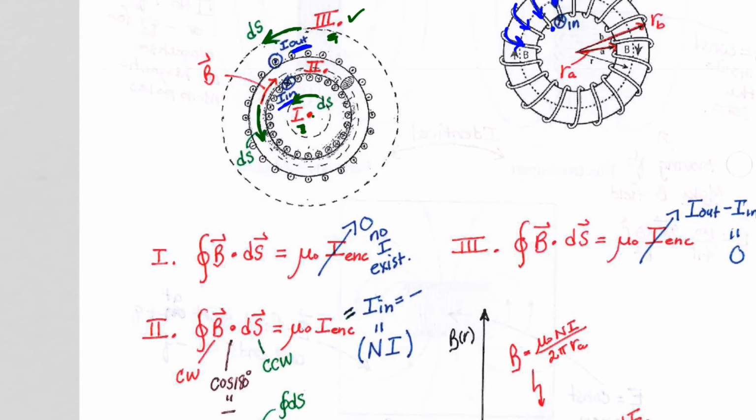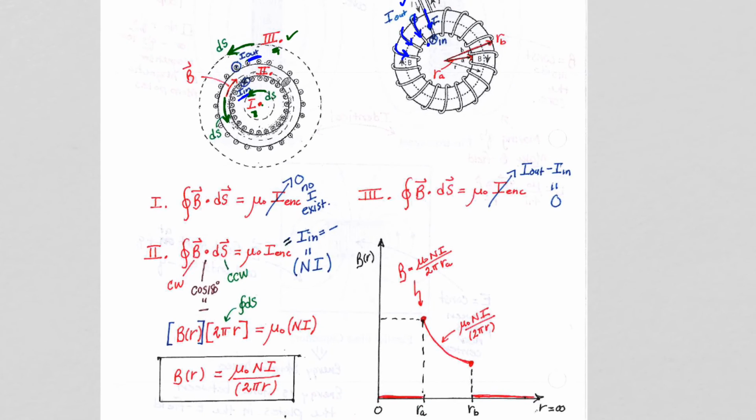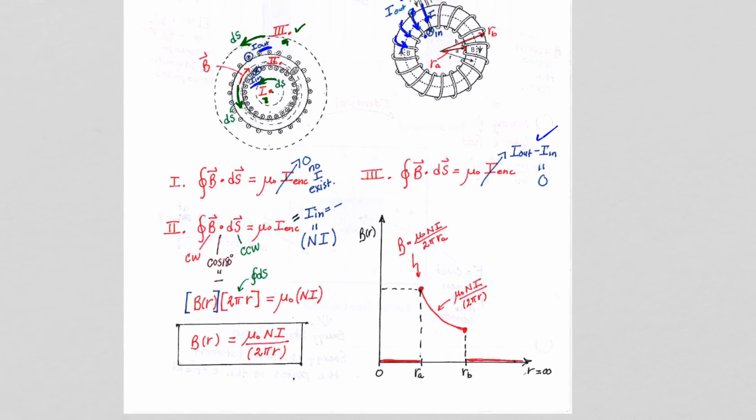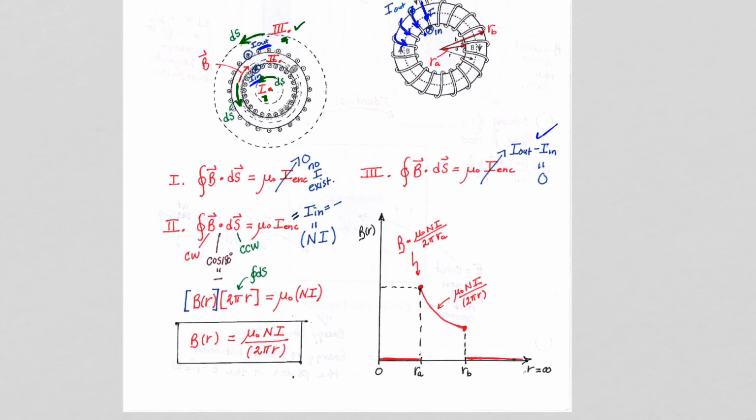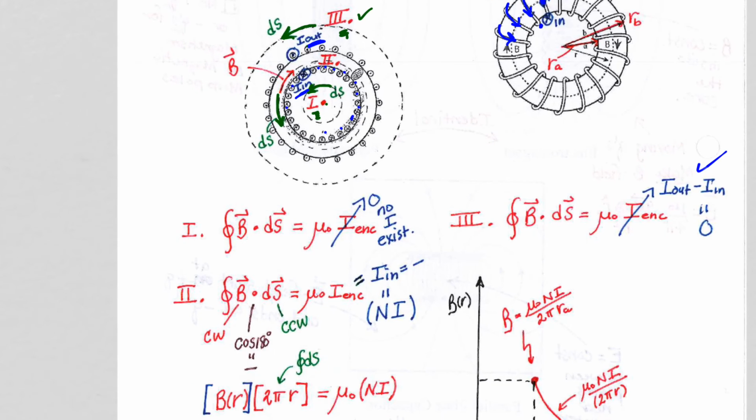So I in and I out gives us no current in region 3. So we lose region 1 and region 3. We only have to analyze region 2. When we set up our Amperian loop in that inner portion, the only I enclosed is the inner I, all of the I's in the inner portion. The current is going into the paper, so that's why I have negative here.